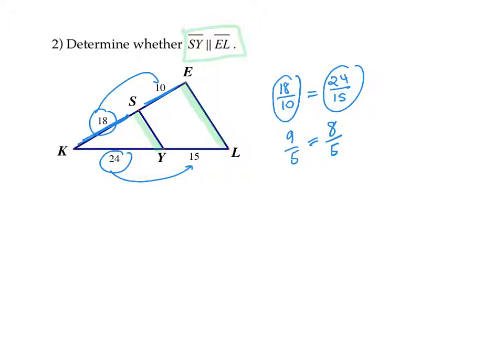Well, if we check out what we have, 9/5, equal to 8/5. Well, that's not true. They're not equal. So we can say for sure that line segment SY is not parallel to EL. So again, they are not parallel segments. In order for them to be parallel, those ratios have to be congruent.